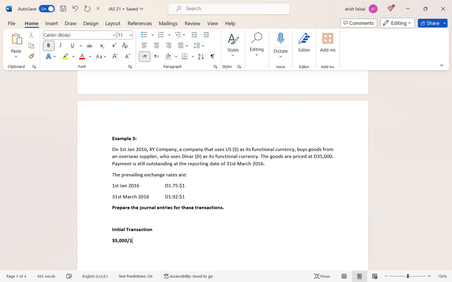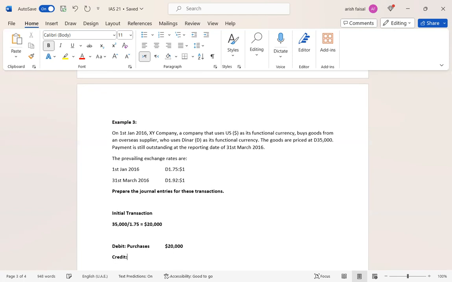Again, dollar is strong over here. So we'll take 35,000 divided by 1.75. So it turns out to be 20,000 US dollars. So when I have to record the initial transaction, it's going to be debit purchases with the amount of 20K, but credit would be your accounts payable with the amount of 20K.